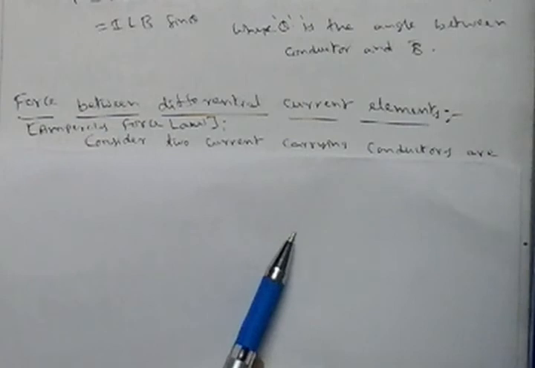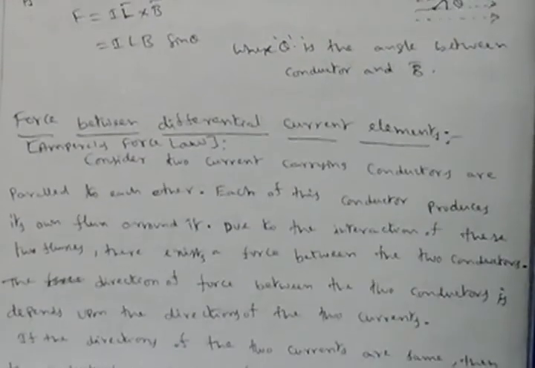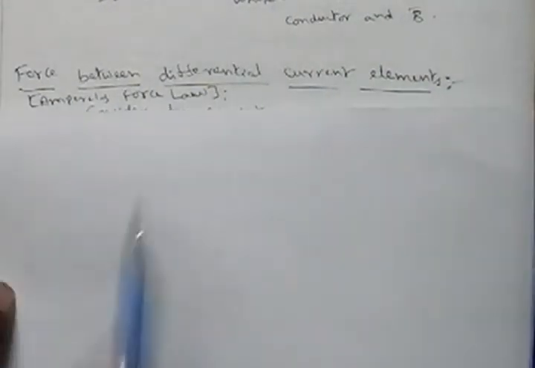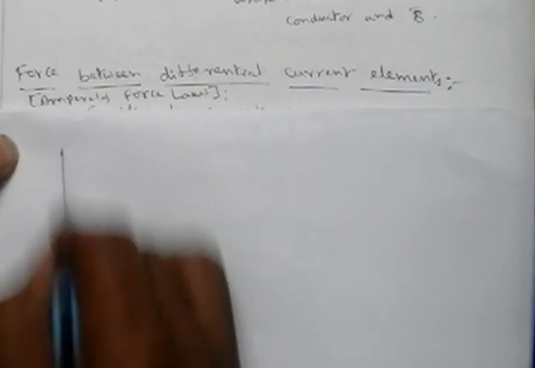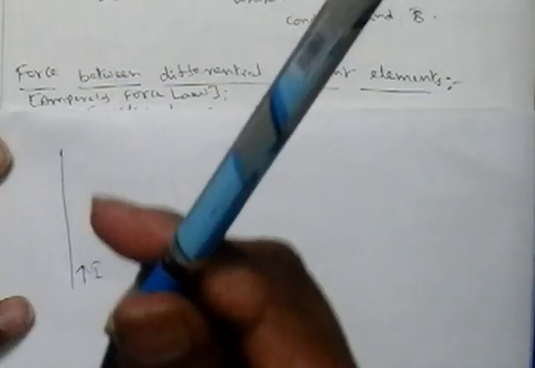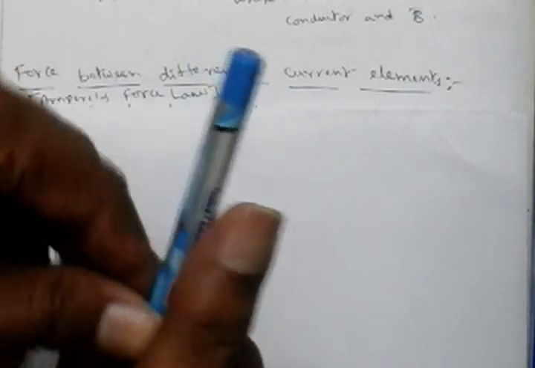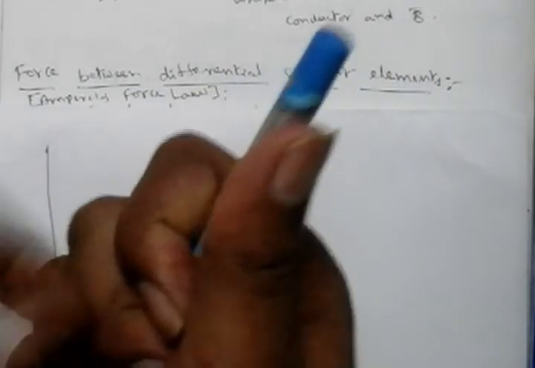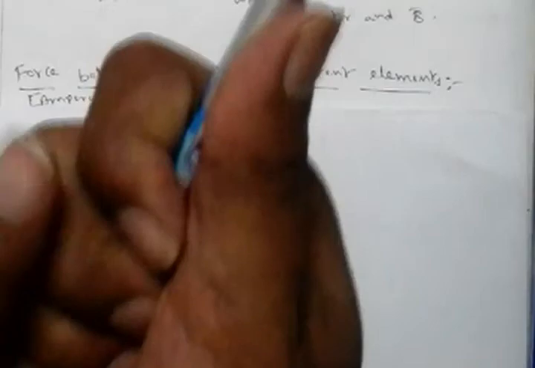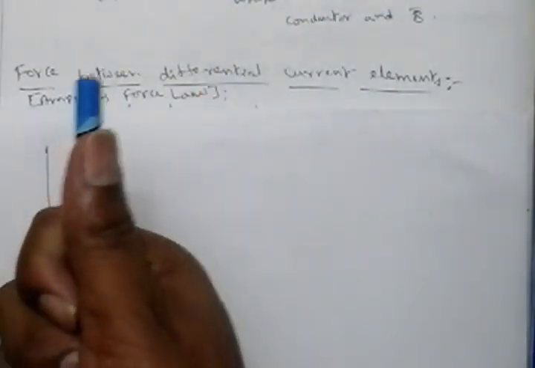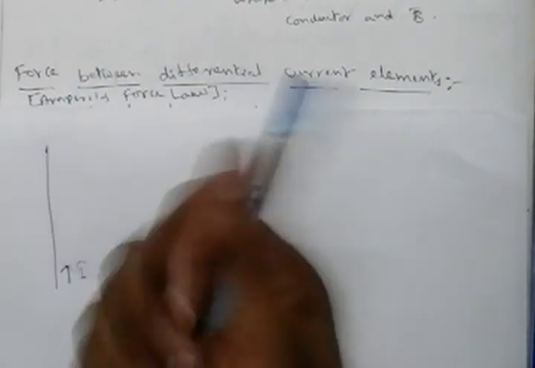First, consider one conductor through which the current is I. The current I is in the thumb direction. The remaining fingers surrounding the conductor indicate the direction of flux. If the current is I in this direction, the flux direction is as shown.